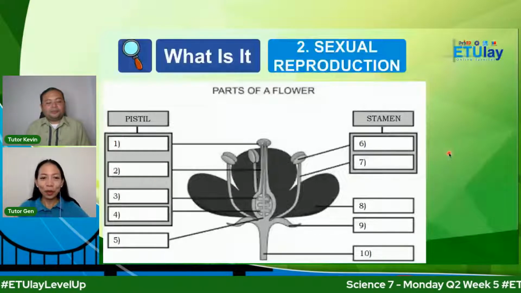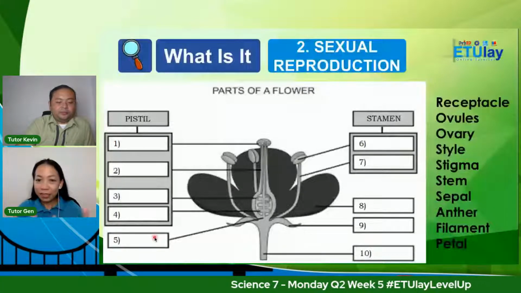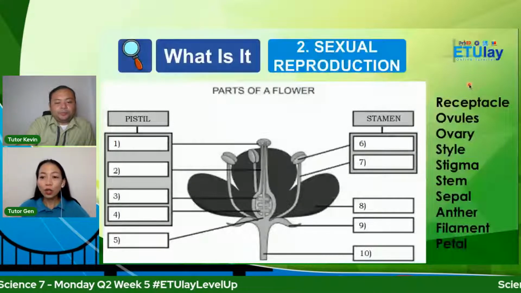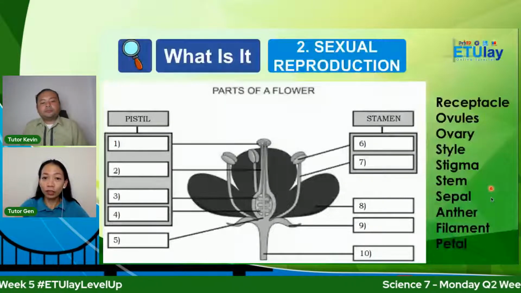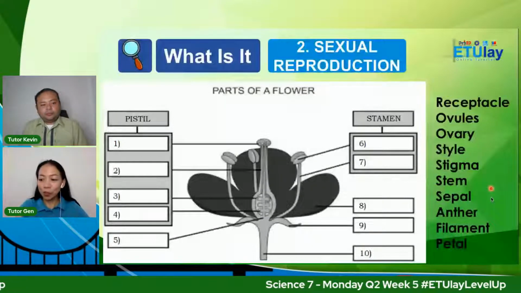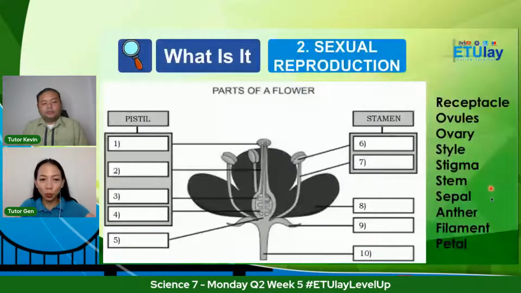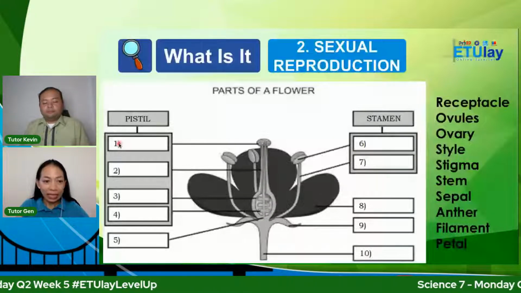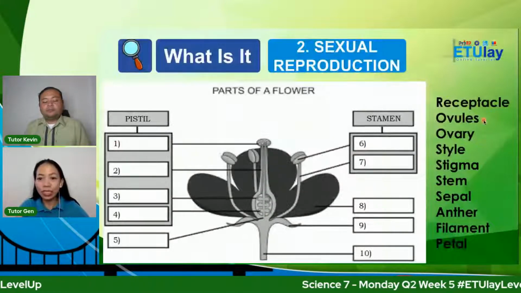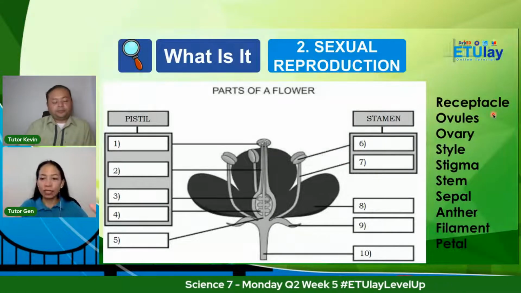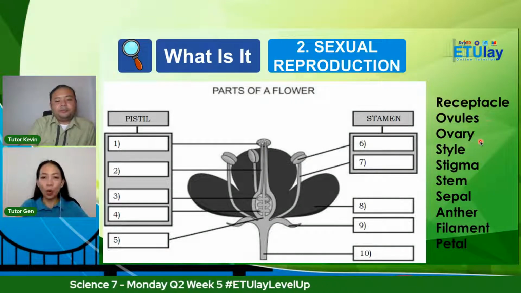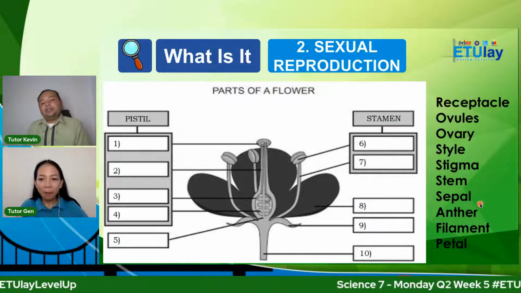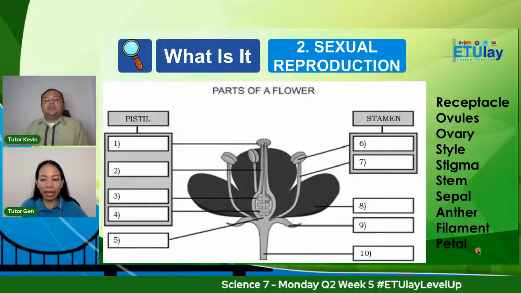And here, we have a diagram, and on the right side, you're seeing it on your screen, your choices of what to write on items 1 to 10. So what do you think are the parts of a flower as identified in these numbers? We have receptacle, ovules, ovary, style, stigma, stem, sepal, anther, filament, and petal.